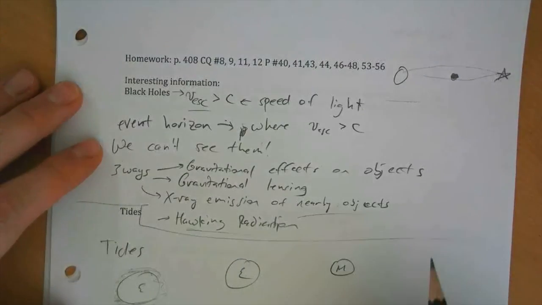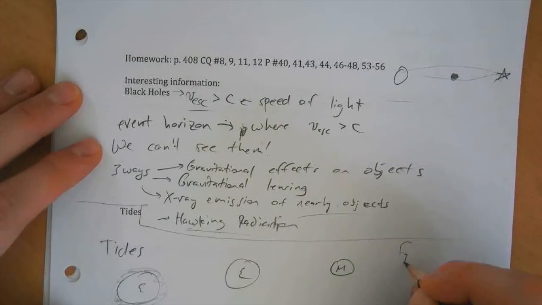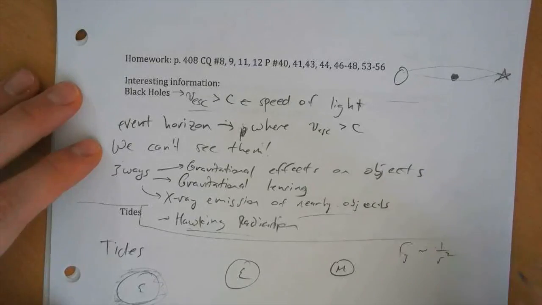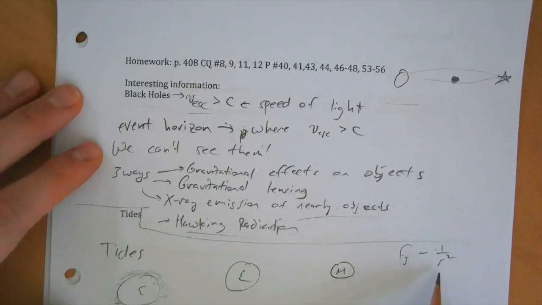We know that gravitational force or gravitational field is proportional to 1 over r squared, so as you get farther away, the gravitational effect becomes less. The gravitational field is stronger at points on the near side of the Earth, which means that the water in the ocean is pulled toward the moon, creating a high tide over here.